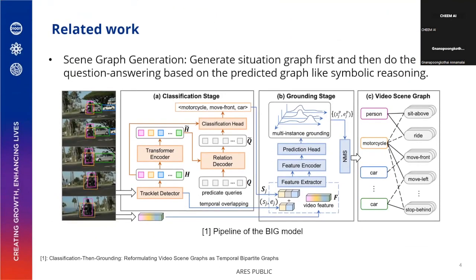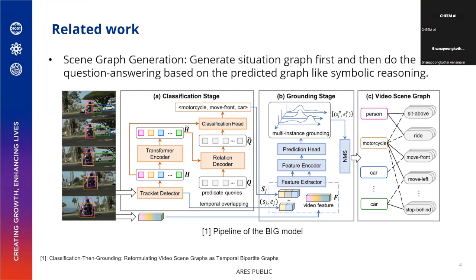Another approach is scene graph generation. In this approach, we first generate the situation graph, and then do the question answering based on the generated graph, which includes symbolic reasoning. For example, in this paper, called classification and grounding, they propose a two-stage approach to first generate a scene graph. In the classification stage, it tries to detect the possible objects in the video using a transformer encoder.